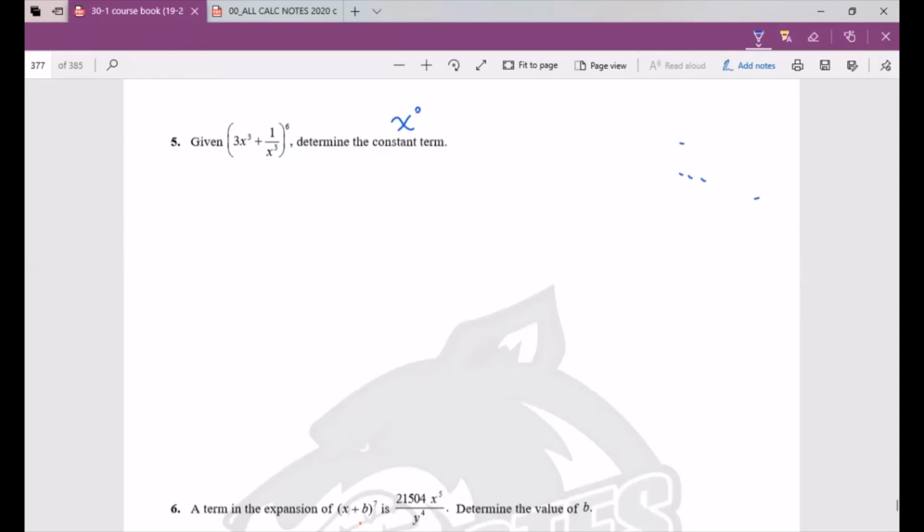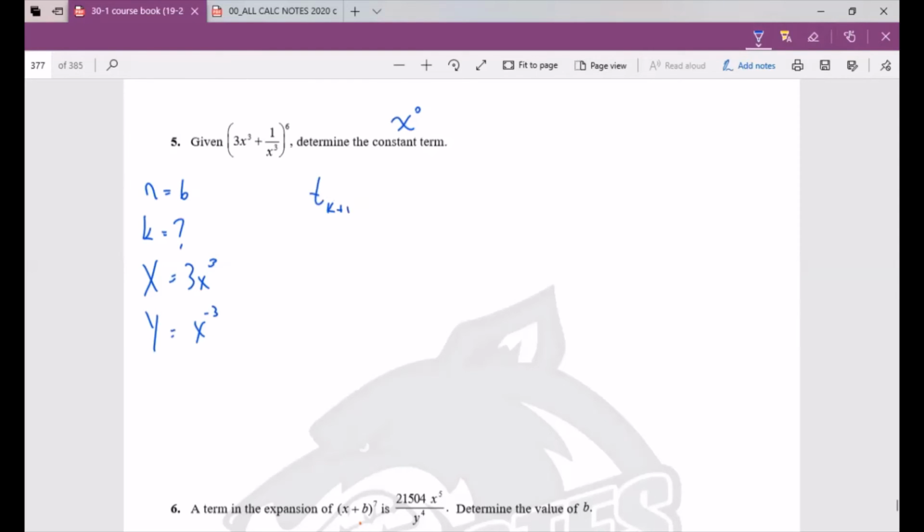We know that n is 6. We know that k is unknown at this point. Our big X is 3x cubed, and our big Y is x to the negative 3.